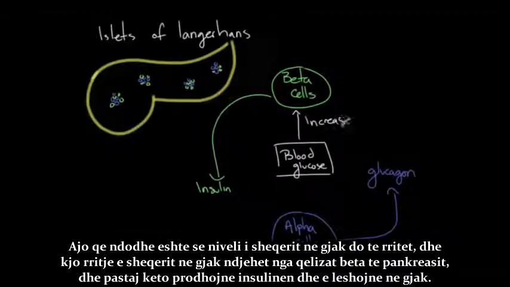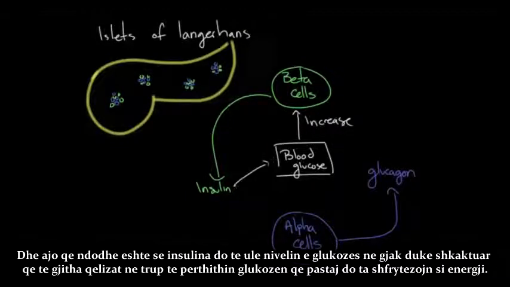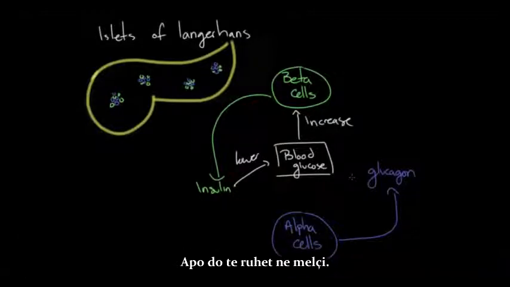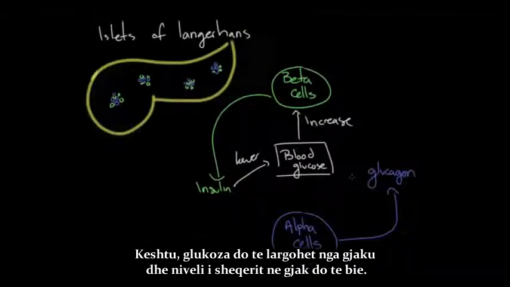And this increase in blood sugar is sensed by the beta cells in the pancreas, and they'll secrete insulin into the blood. Insulin is then going to lower the blood glucose level by causing the cells all over the body to take up and absorb the glucose so that they can then use it for energy, or it could be stored in the liver. And either way, the glucose comes out of the blood, so the blood sugar level lowers.